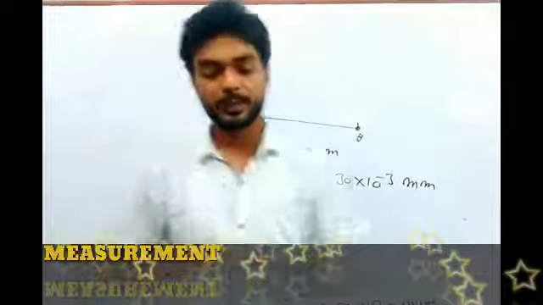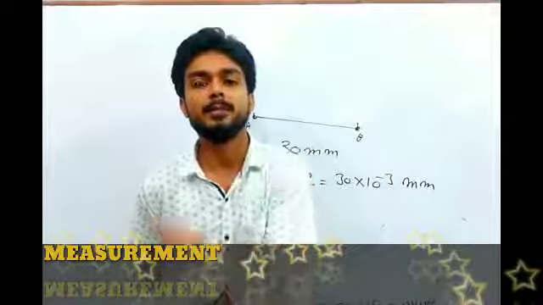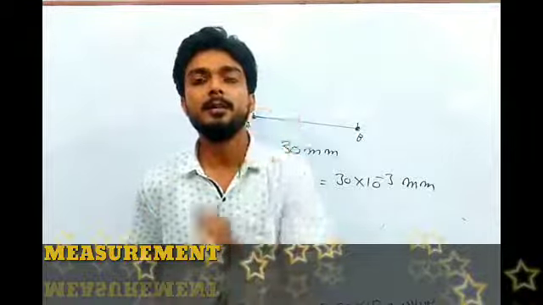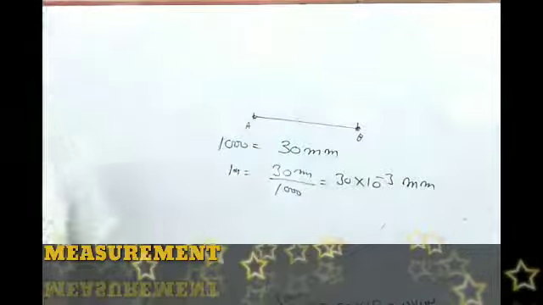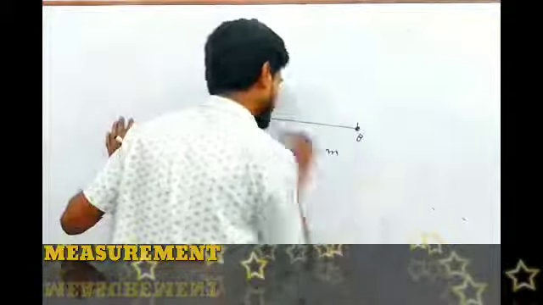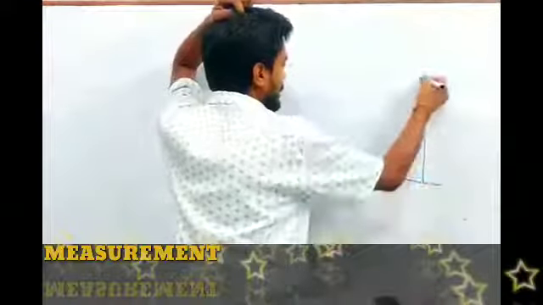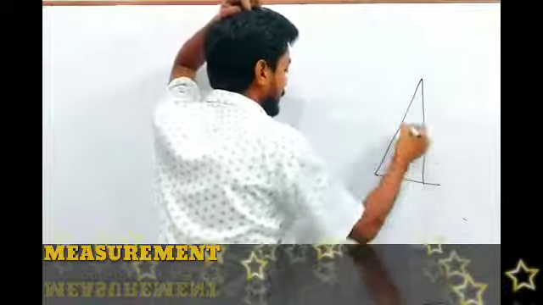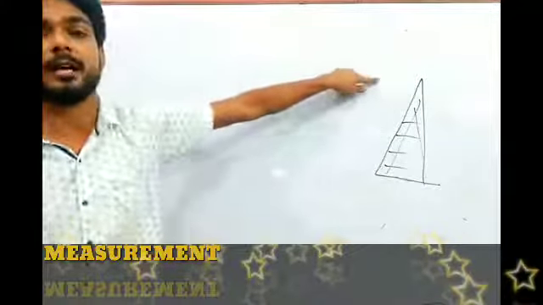Now students, in the indirect method there are many types of steps involved. Number one, we use trigonometry. Suppose you want to measure the height of a tower, suppose there is a tower in your colony or in your campus, and this tower is very high.